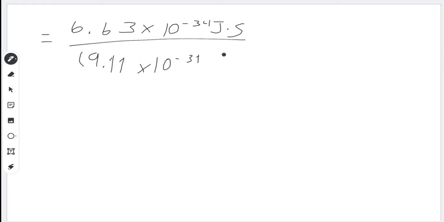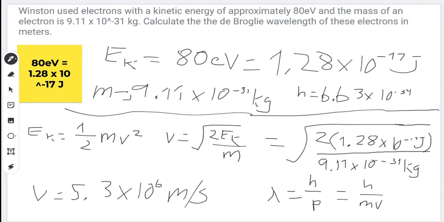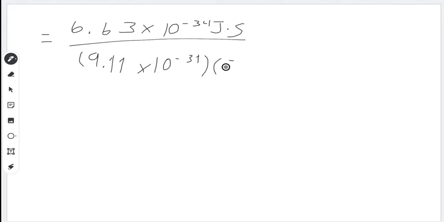6.63 times 10 to the power of negative 34 for h, 9.11 times 10 to the power of negative 31 for m. And wait, what's it again? 5.3, okay. And it's 5.3 times 10 to the power of 6 for v, velocity.